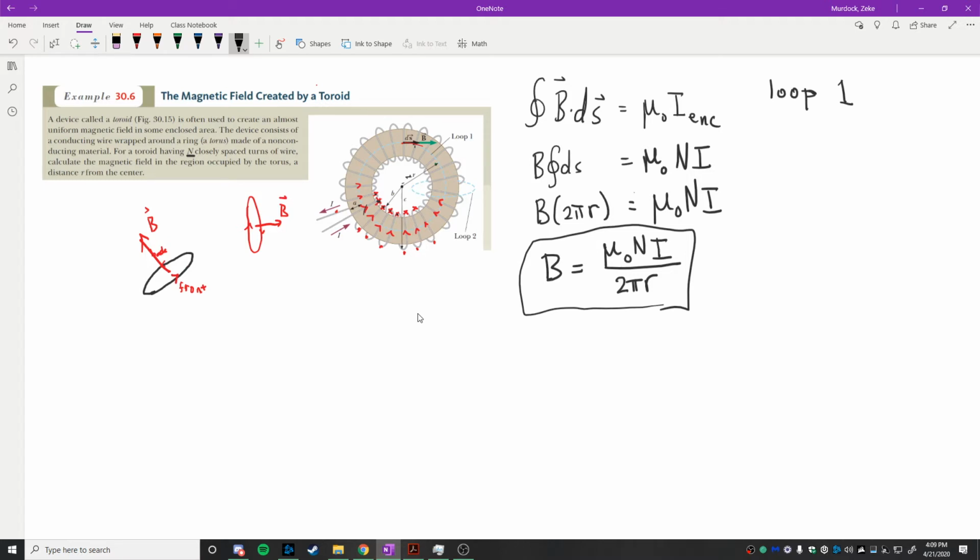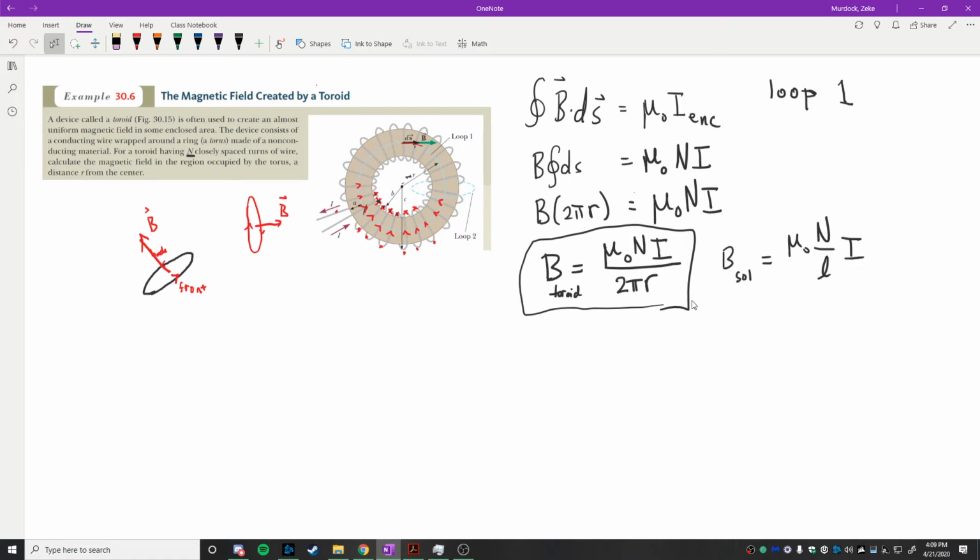Anybody have any questions? Really, the solution here, if you compare it to, so this is for a toroid. For a solenoid, we just found that it was mu naught times N divided by L times I, right?